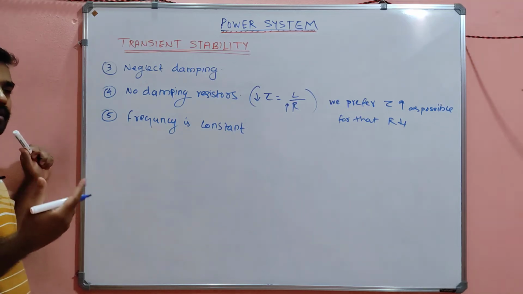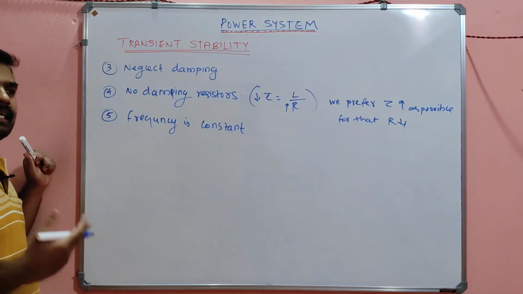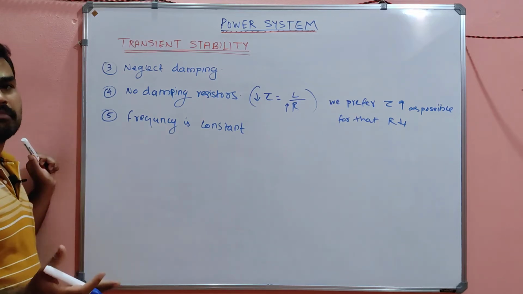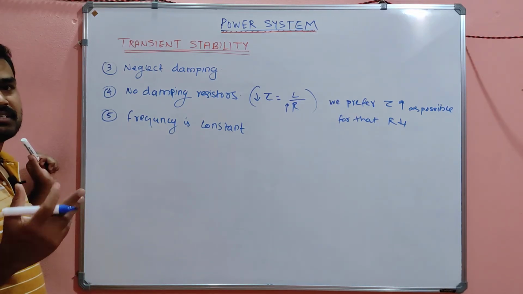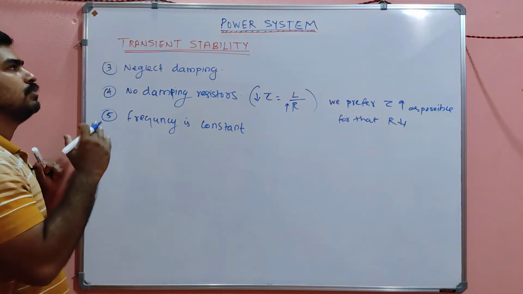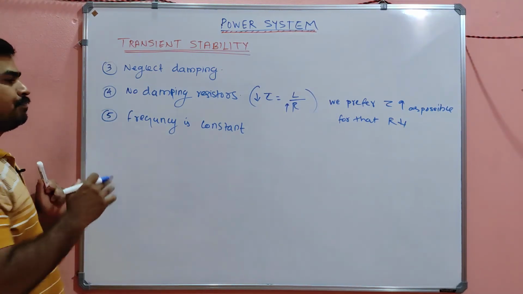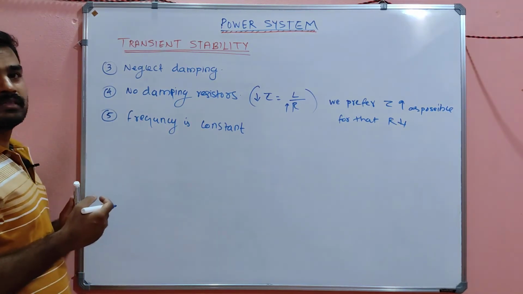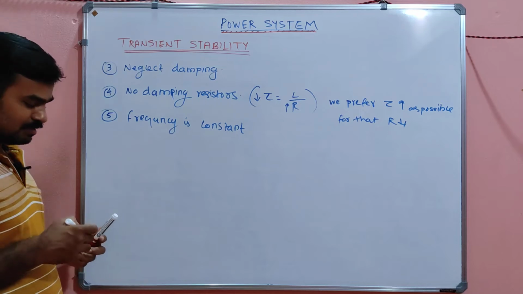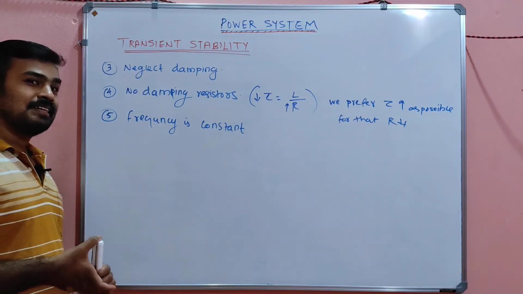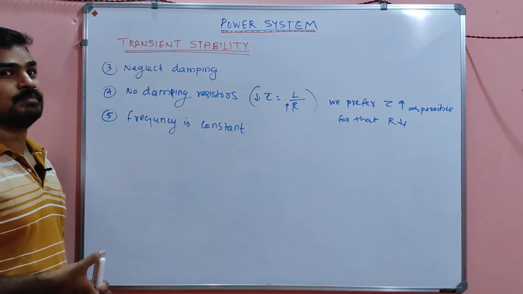Frequency should always be constant because we are analyzing a transmission line system. Frequency is not that variable, so it is almost constant for the transient stability analysis. Because if frequency is not constant, the effects of inductance and capacitance will come into play.